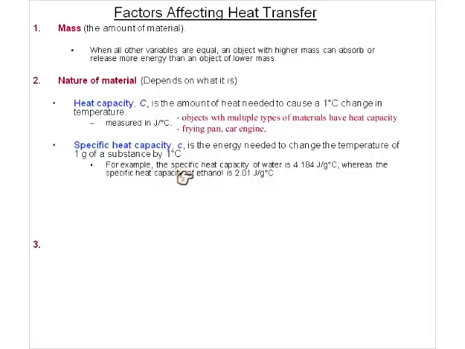For pure ethanol, 1 gram of it by 1 degree would absorb 2.01 joules of energy. So that's very specific. Therefore, we call it a specific heat capacity. You notice the difference here in the units. Heat capacity is simply joules per degree Celsius. This one over here is joules per gram degree Celsius because it's specific for a specific quantity of the pure material.